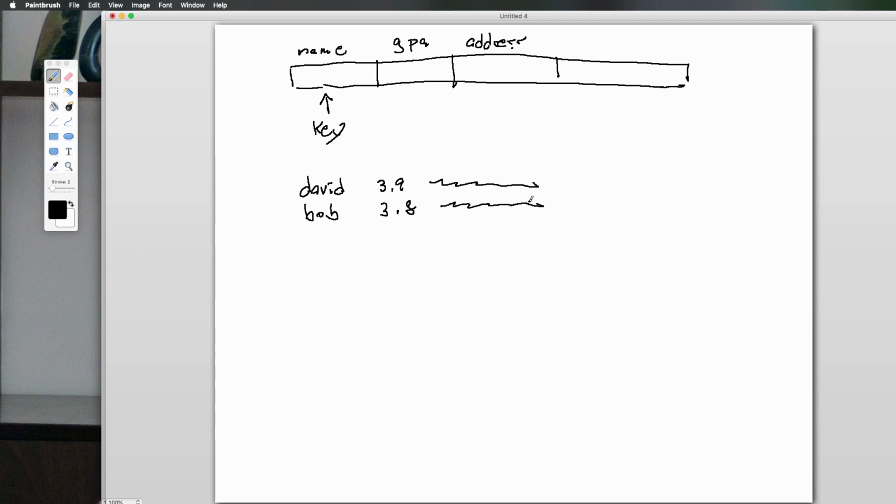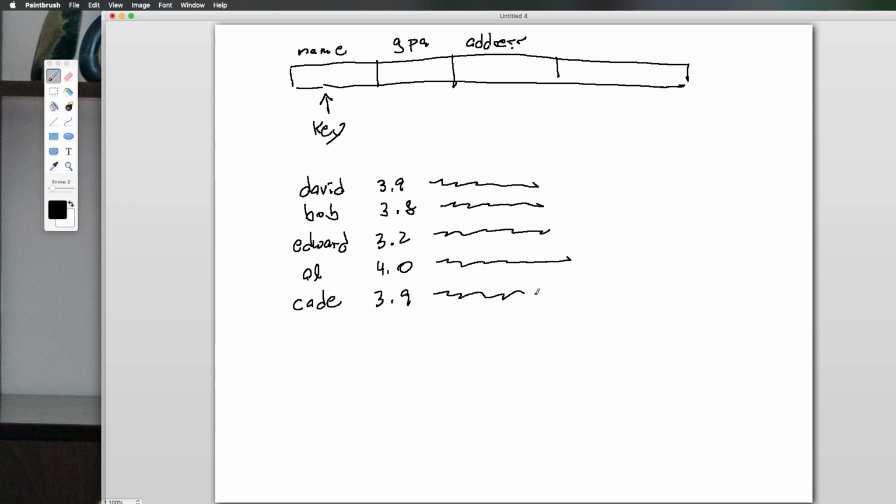And again, he's got some address over here. And then maybe we have Edward, 3.2, like that. We've got Al. Al's a very smart individual, like that. And then maybe we have someone named Cade, like that, 3.9. And it goes like that.